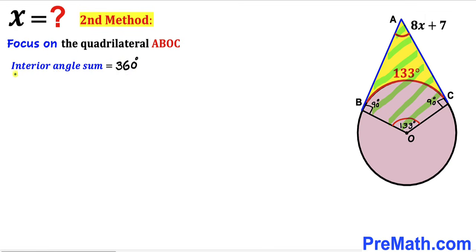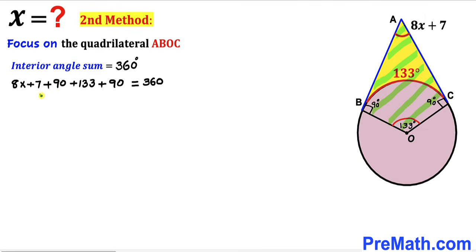On the left-hand side, I am going to add up all these 4 individual interior angles. So I can write down 8x plus 7 plus 90 degrees plus 133 degrees plus 90 degrees is equal to 360 degrees.